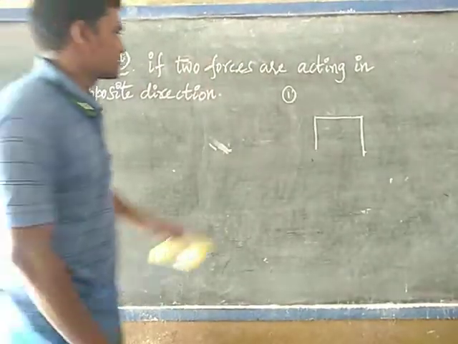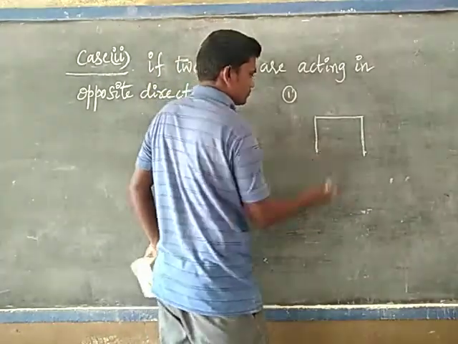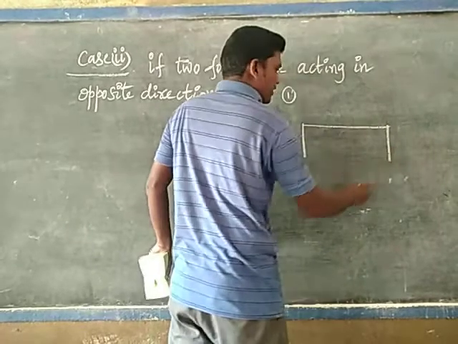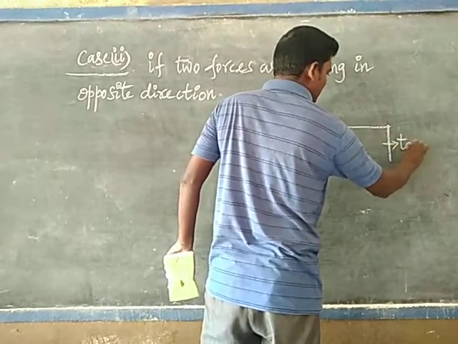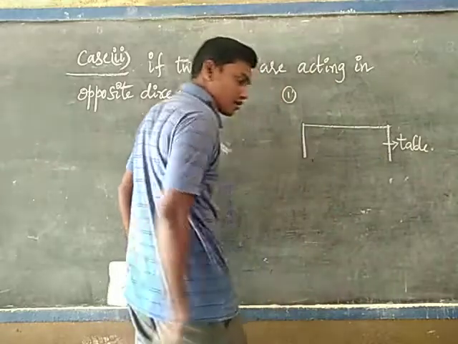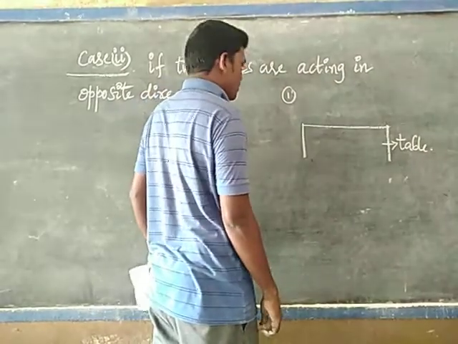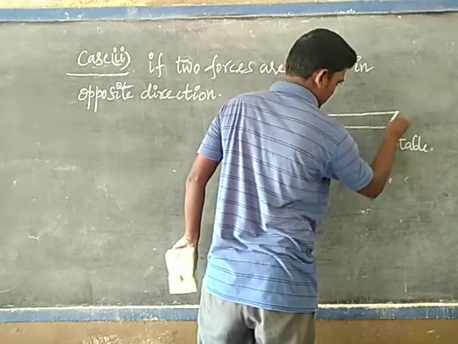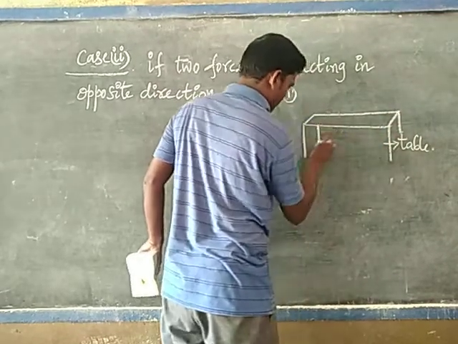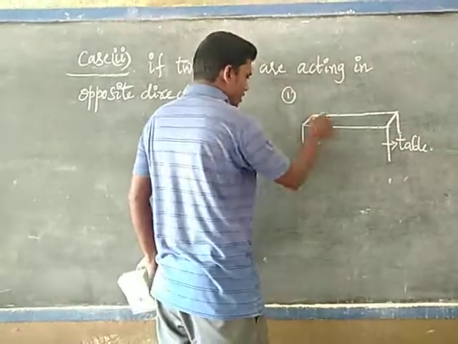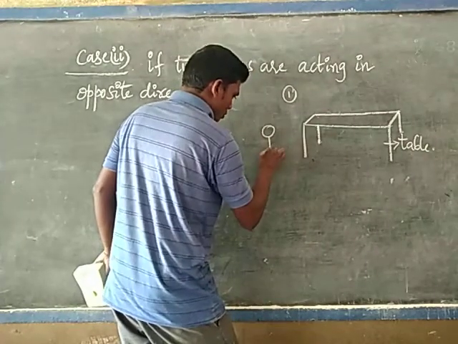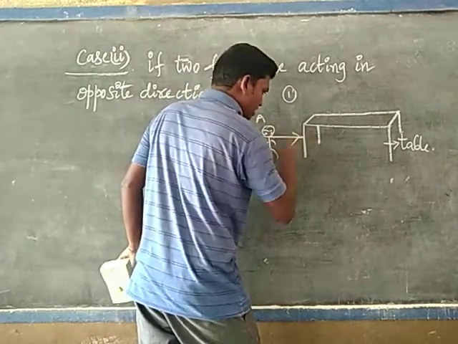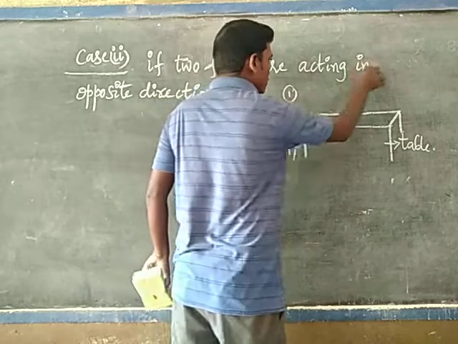Example 1 here. We consider a table. Now, one person A pushes this table with F1 force towards the east.